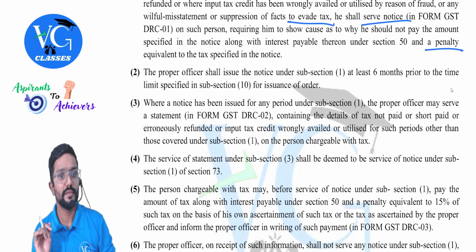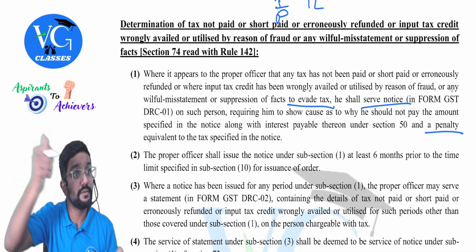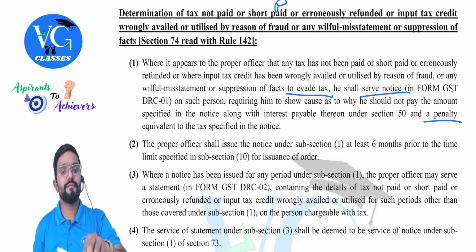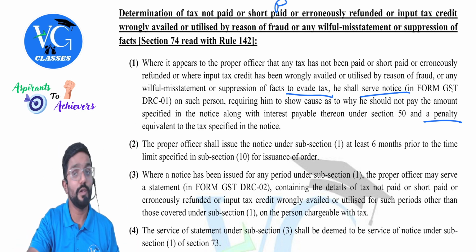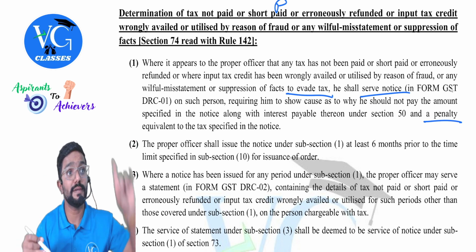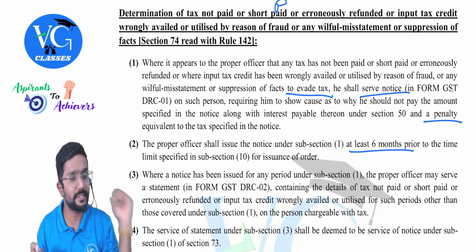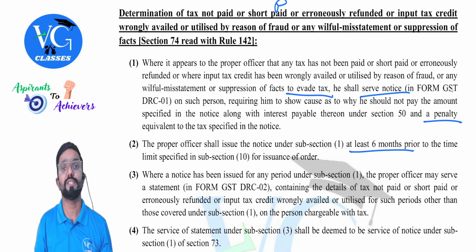Okay, sir. Now, what is the time limit to issue notice? Subsection 1 gave a power to issue notice. Within what time? Subsection 2. The proper officer shall issue the notice under subsection 1 at least 6 months prior to the time limit specified in subsection 10 for issuance of order.